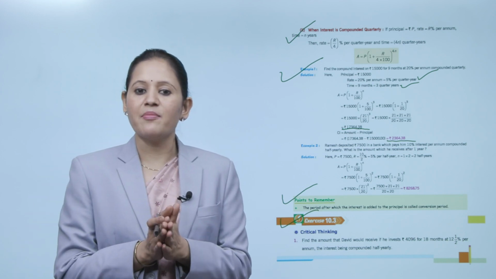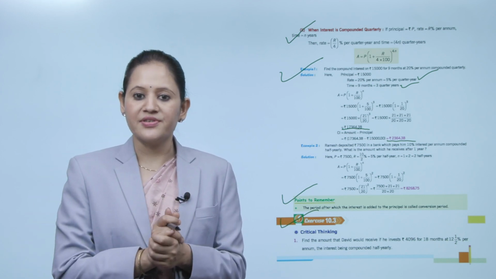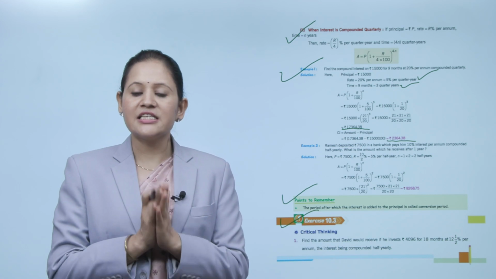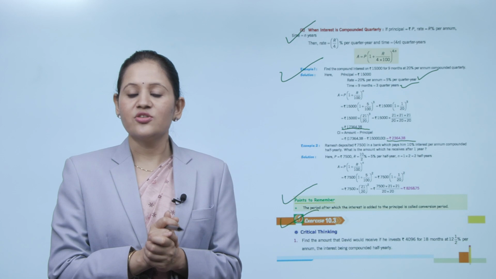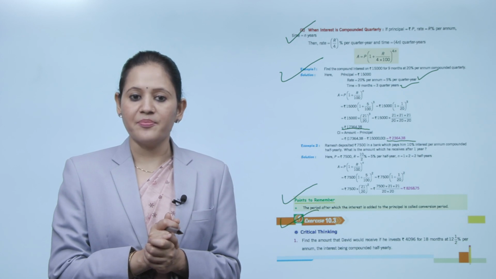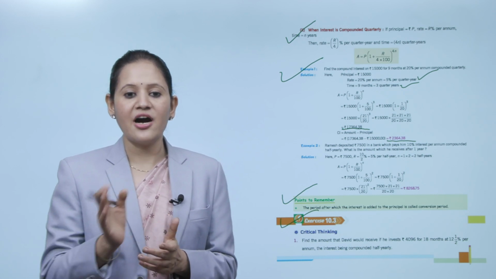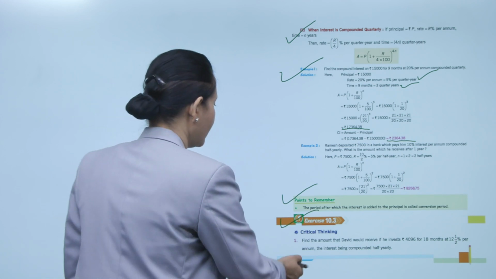Critical thinking. Find the amount that David would receive if he invests rupees 4,096 for 18 months at 12 1/2% per annum. The interest is compounded half yearly. We have to find the amount.